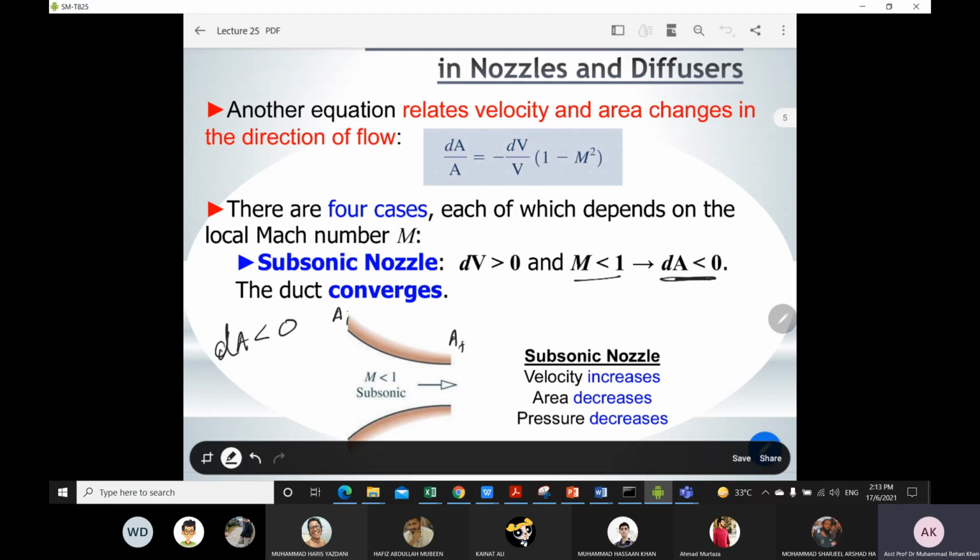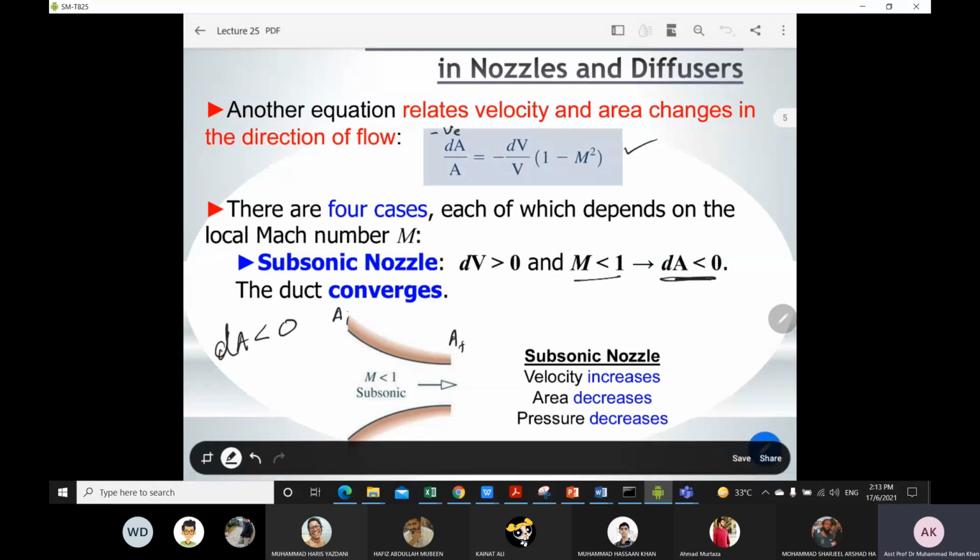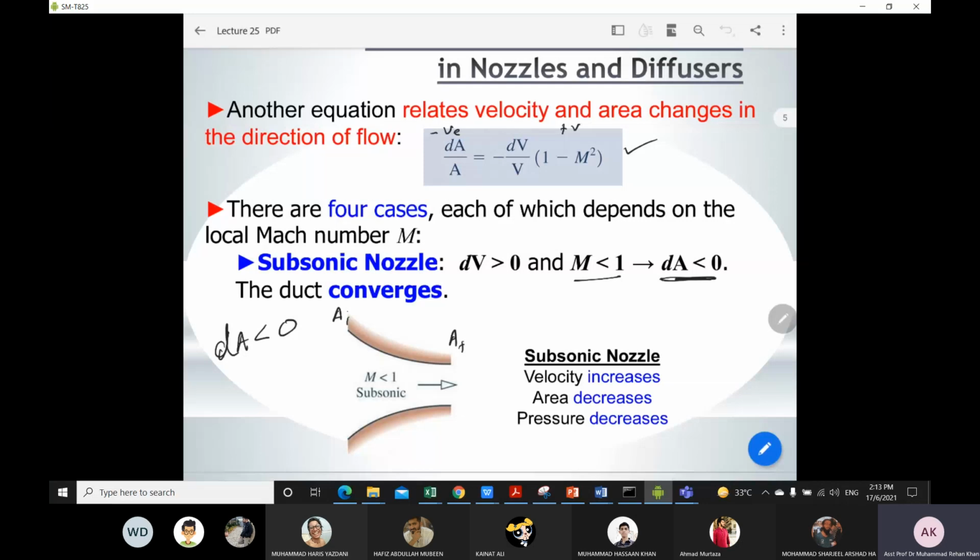Okay, so if you correlate with this equation, that is dA by A is equal to minus dV by V times (1 minus Mach square), and we put these values into this equation. So from this we can easily say that, if dA is less than 0, it means this term is negative. 1 minus Mach square, with Mach number less than 1, means this term is positive.